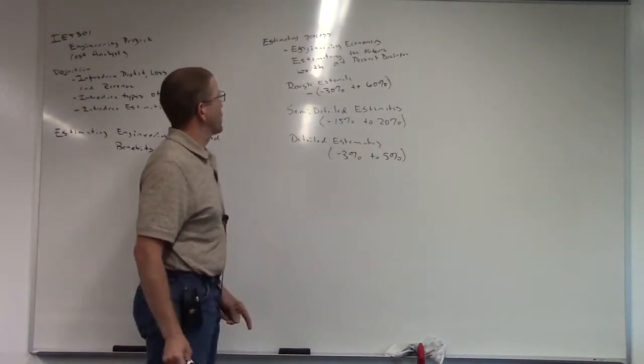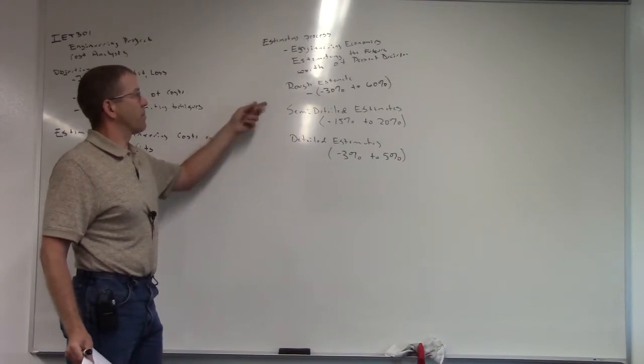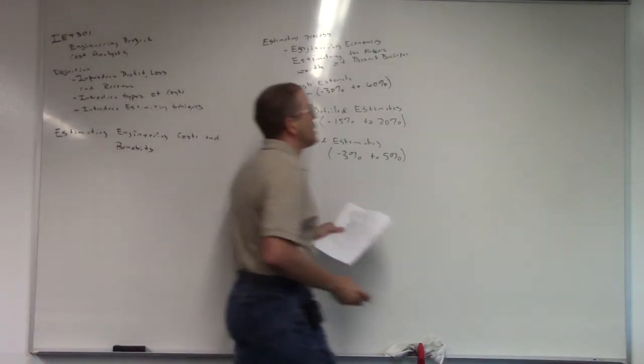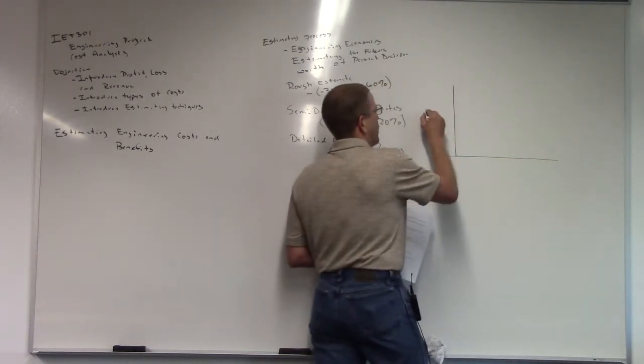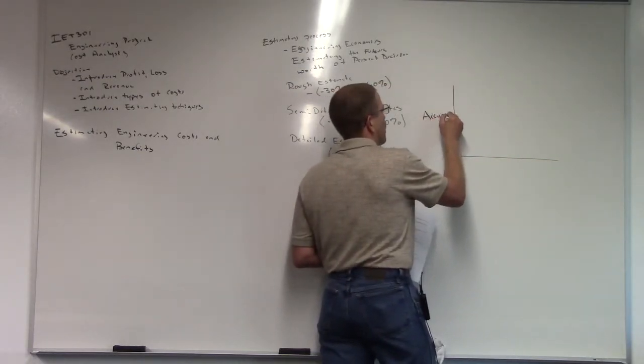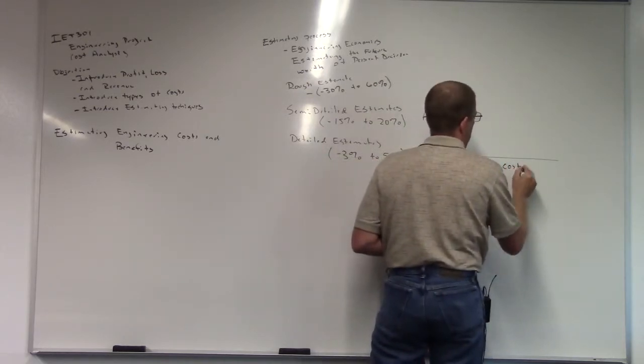There is a trade-off between the accuracy of your estimate and the cost associated in producing those estimates. What you tend to see is that as the accuracy increases, the cost increases as well.